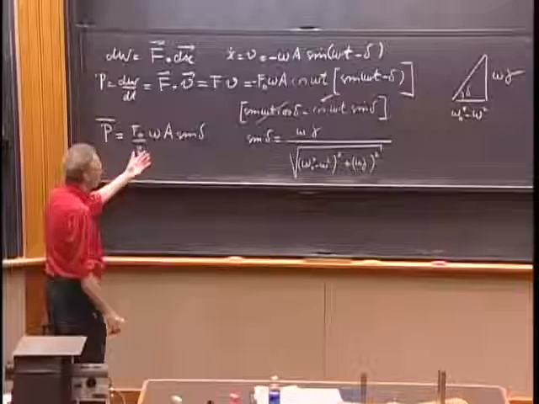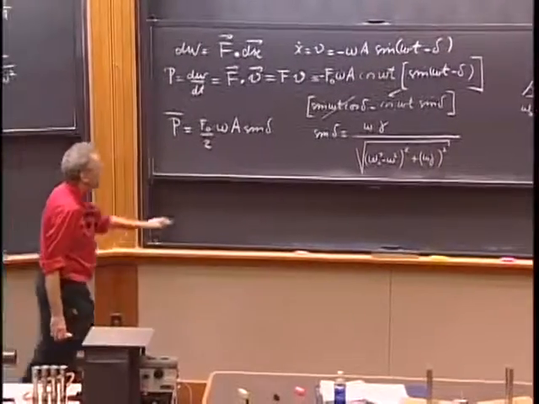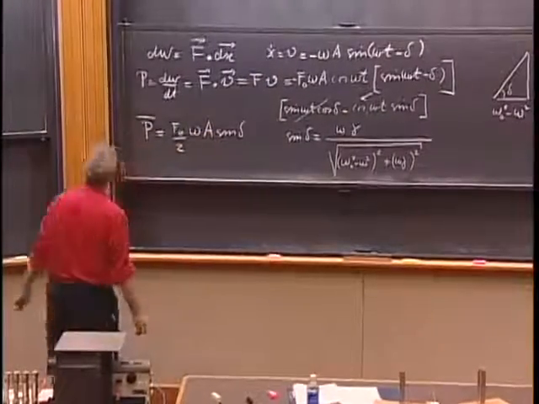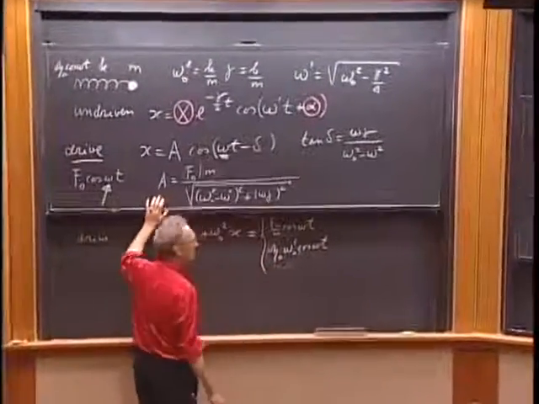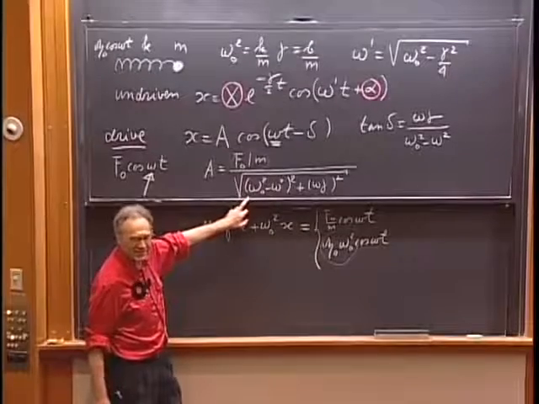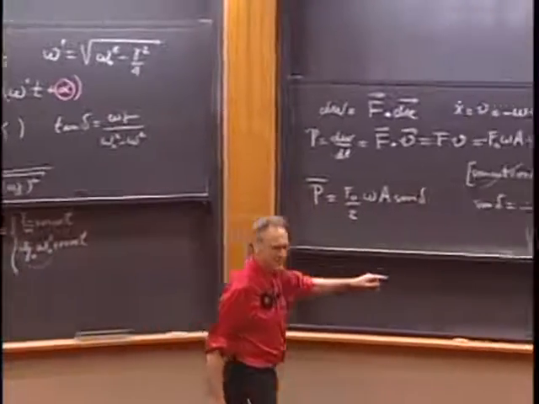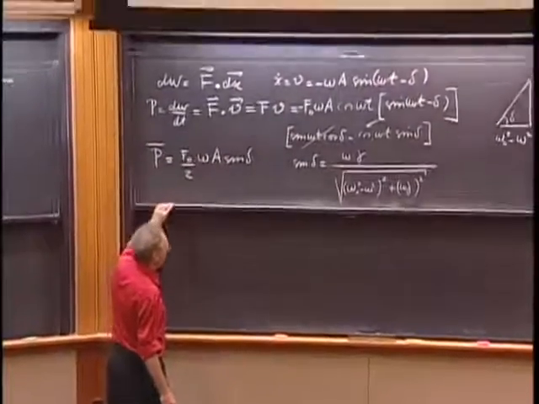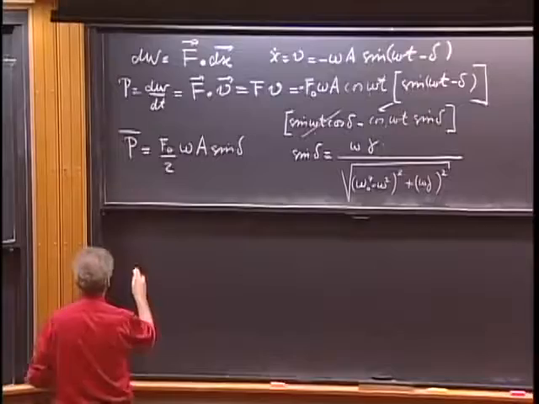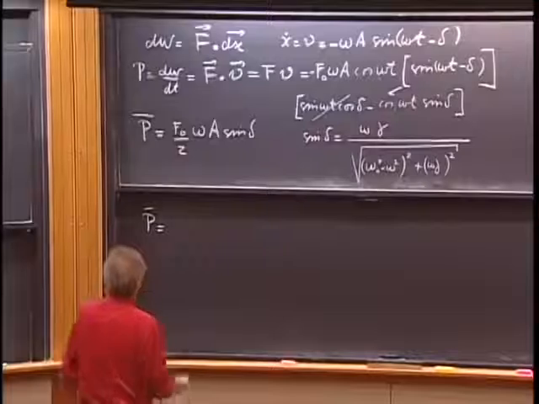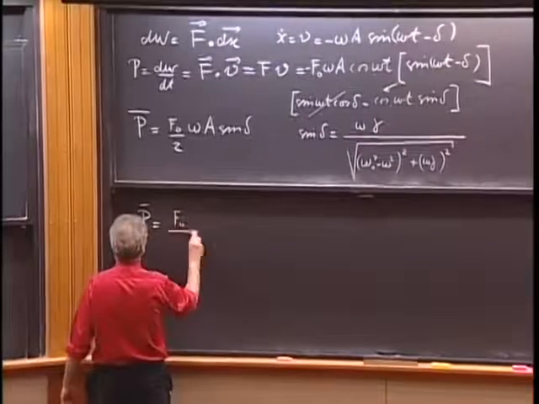So now I can come to a close by substituting in here what the sine of delta is, and I can substitute in here what A is. Here is A. You know what is nice? Look at the downstairs here. It's the same as the downstairs there. So if I multiply them, the square root goes away. So, if I can write down now what P average is, let's go slowly. So we get F0 divided by 2.